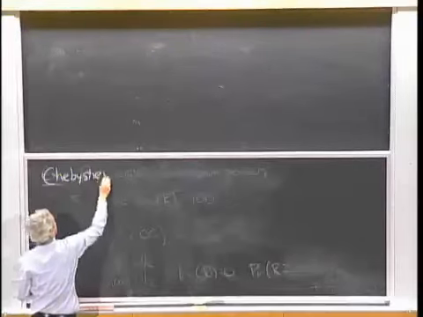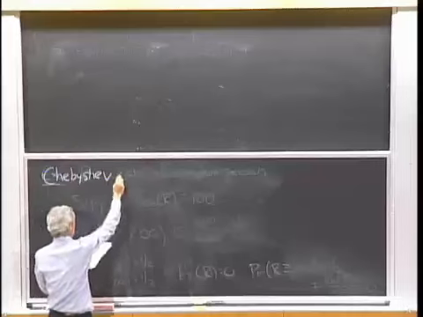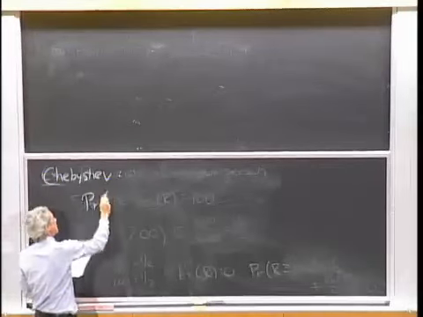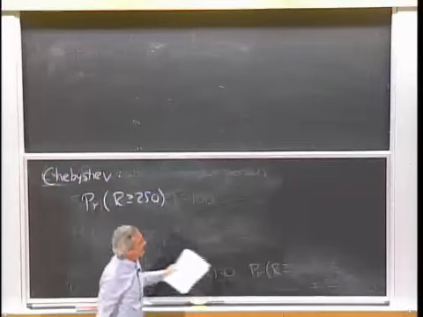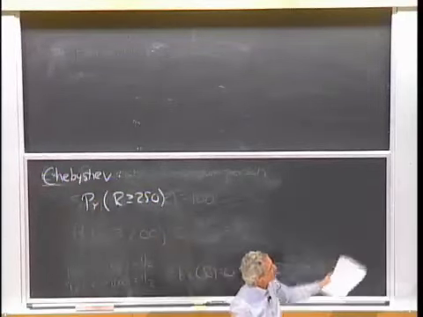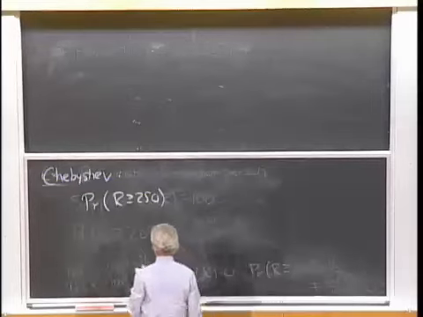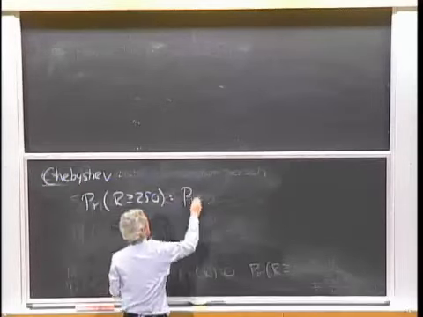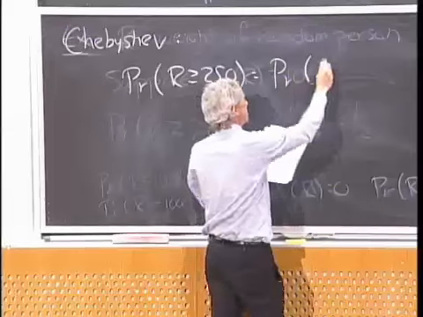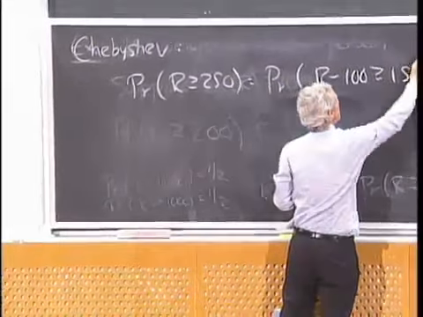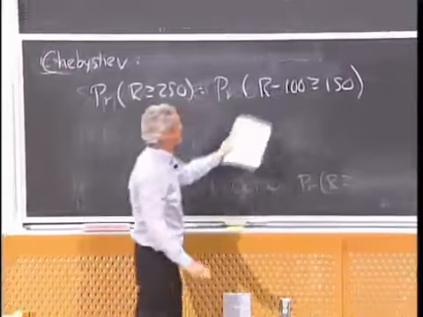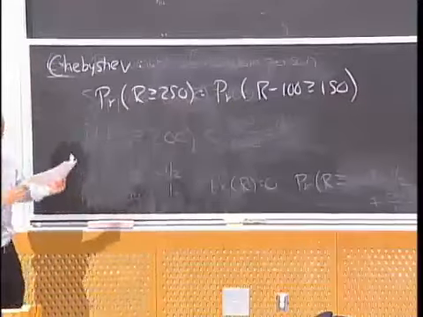I've got the probability R is at least 250. I've got to get it into that form up there. So that's the probability that, first, R minus 100 is at least 150. So I've got R minus the expected value. I'm getting it ready to apply Chebyshev here.